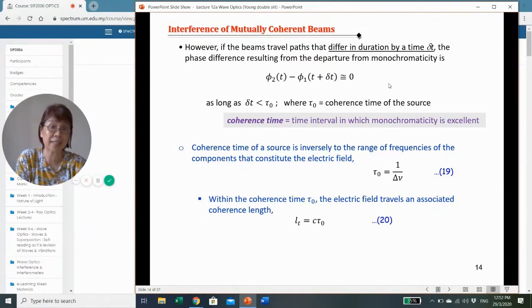Then it's fine. So this coherence time is the time interval in which monochromaticity is present.